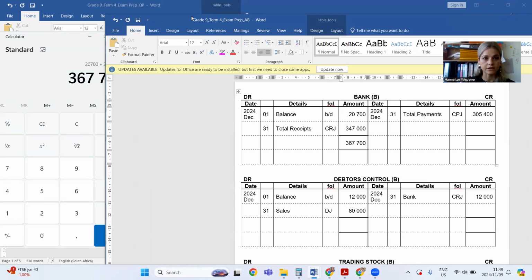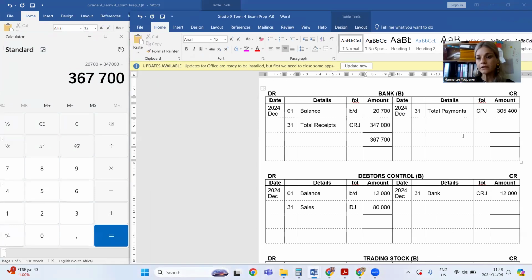Now you can see everything. Then I'm going to write it on the credit side as well, because I have to balance the accounts. In other words, I have to make the debit side and credit side equal. When I look at the credit side, I'm lying when I say that it totals 367.